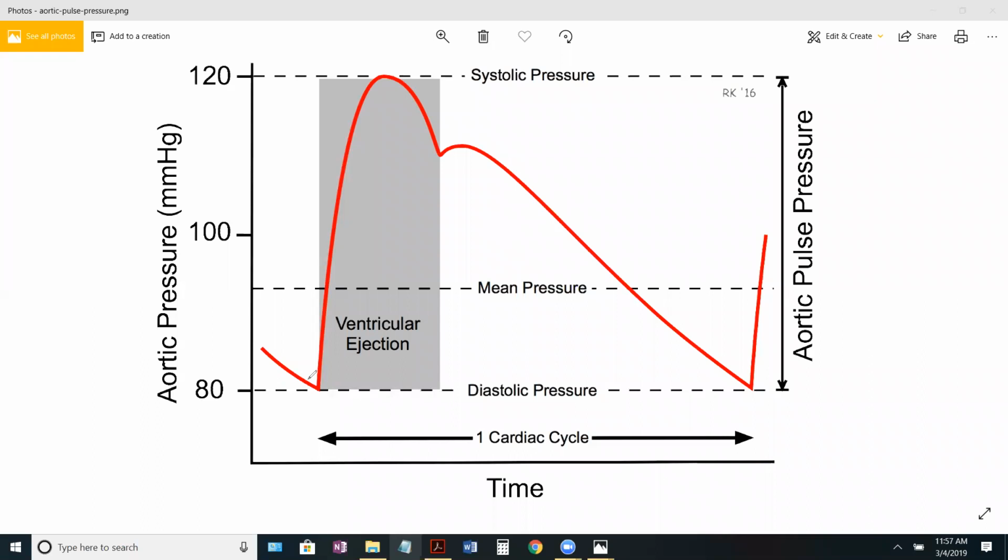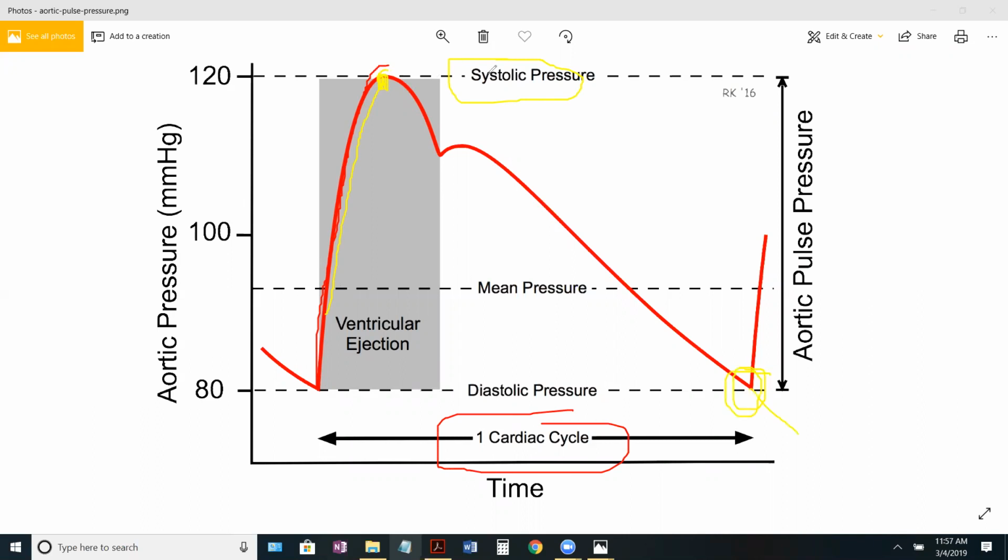So this is one cardiac cycle, and in this cycle your ventricles are contracting and ejecting the blood, reaching this peak point, which is measured as the systolic blood pressure. After systole, the relaxation phase starts, and the pressure reaches a nadir, which is the diastolic pressure.